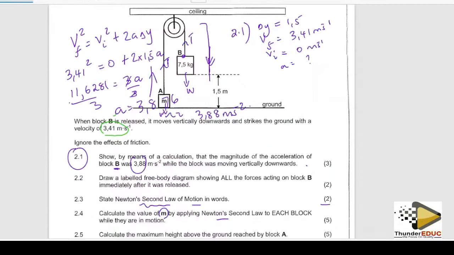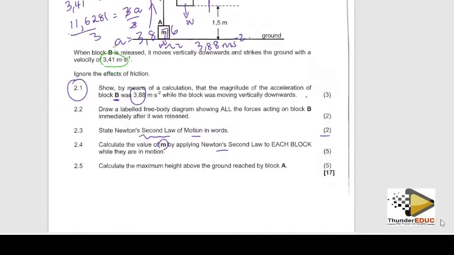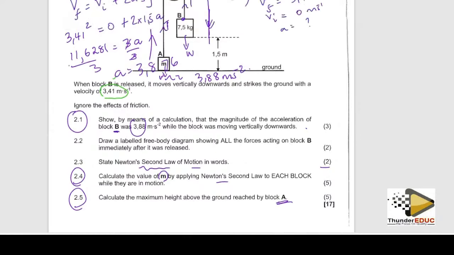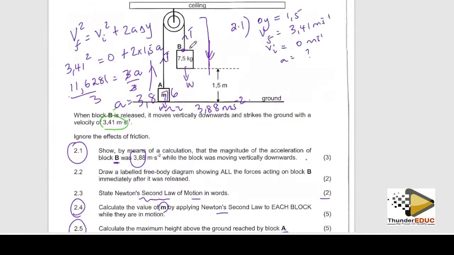And then 2.5. So we've answered 2.4, now we're going to 2.5. They want the maximum height above the ground that block A is going to reach. Now, for as long as there's motion and the entire system is moving, the entire system is going to move with the same acceleration of 3,88.